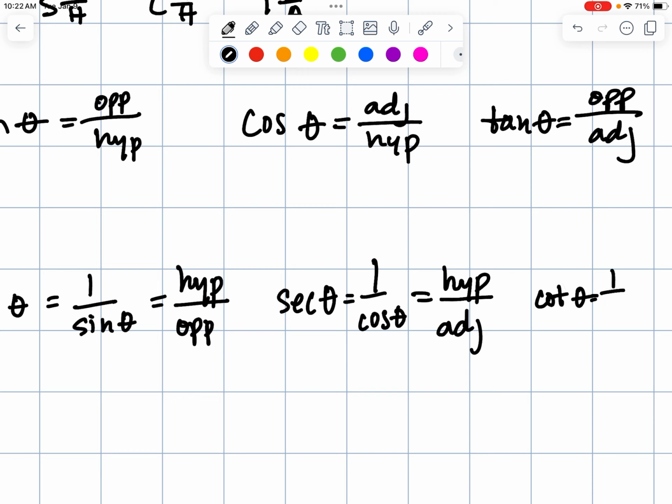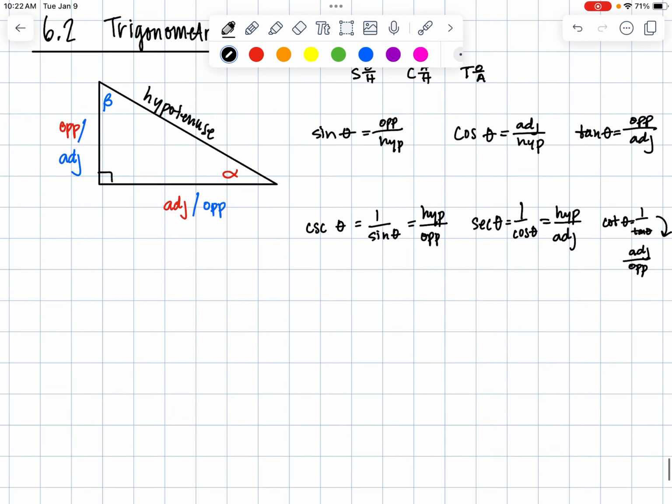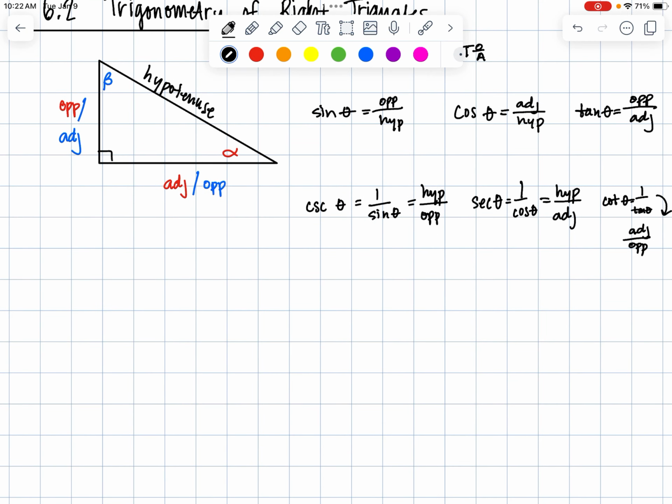You can write it as 1 over tangent theta, or, and I'm going to write this down here because I ran out of room, you could also write this as the ratio of adjacent over opposite. So these are the things that we need to be able to do, in addition to the sine, cosine, and tangent basic trig.